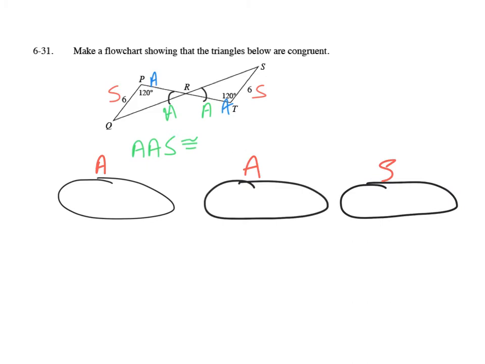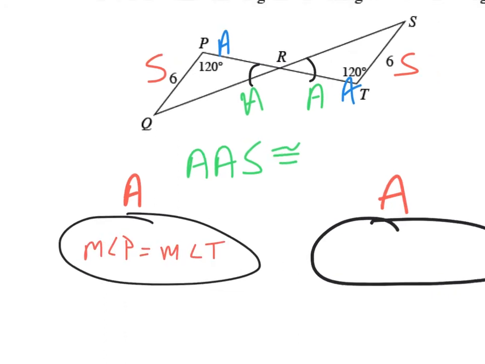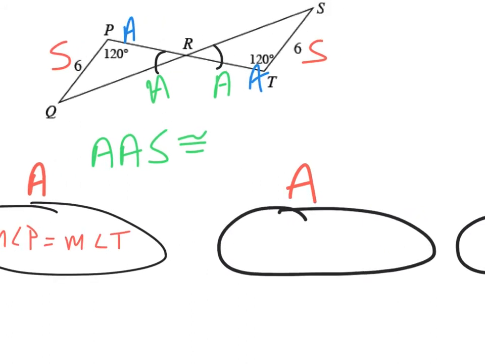And so then within each oval, we're going to list the set of angles. So this is going to say that the measure of angle P is going to be the same as the measure of angle T. Now for this middle angle right here, R, I need to use 3 letters in order to name that because R can be rather ambiguous.